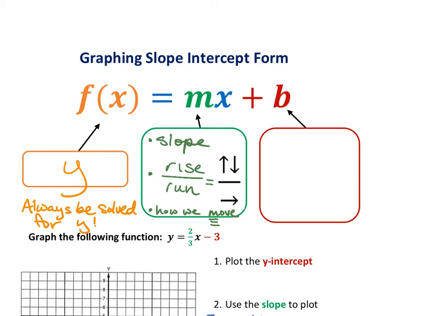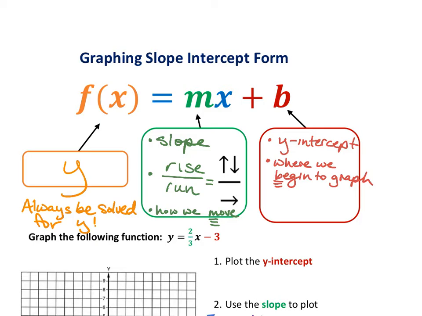And then we have the B. The B is our y-intercept. Now, the reason that the y-intercept is so important is that it tells me where we begin, with a B, to graph. We can always begin at the y-intercept because it's a point we can find on the graph.